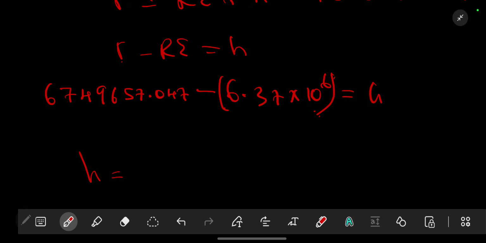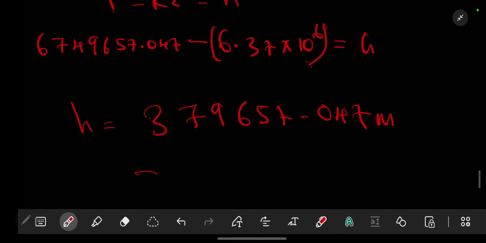So h is equal to 6749657.047 minus, we open the bracket, 6.37 times 10 to the power of 6. This gives us a value that will be equivalent to 379,657.047 meters.